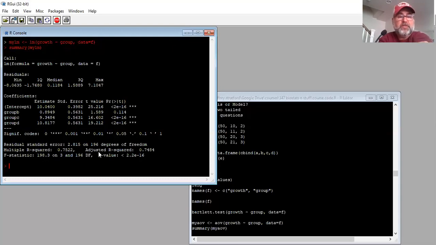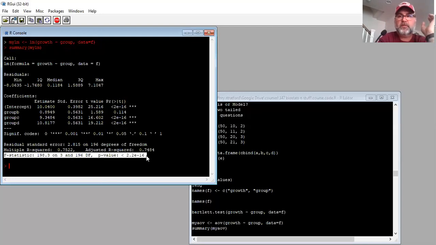All right, your F statistic, which is the overall model. This is 198.3 on 3 and 196 degrees of freedom. That should sound familiar because this output, the F statistic and this p-value, are for the overall model, which we fit with AOV.